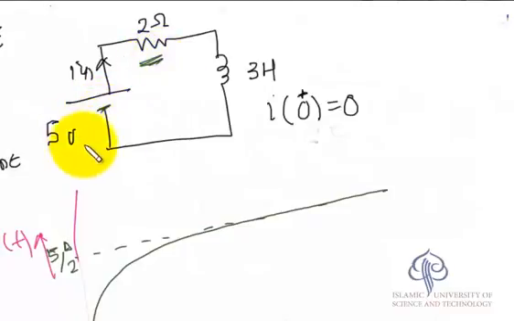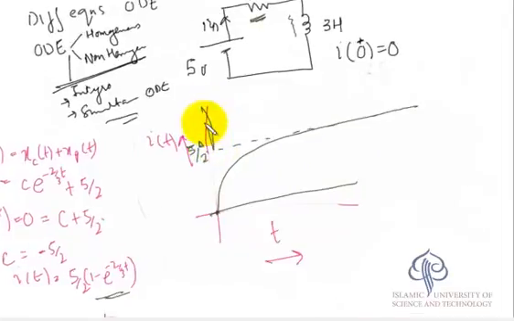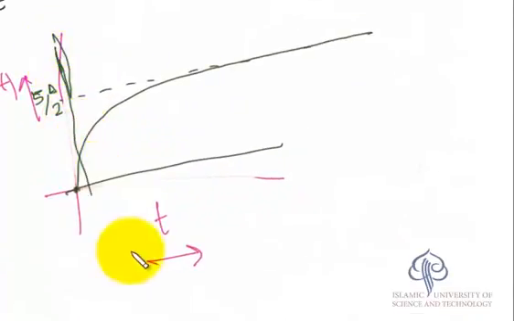So after some time the inductance will behave like a short circuit, and the steady state current in this circuit is going to be 5 by 2 amperes. So this is how you use differential equations to solve this problem in network analysis. In the subsequent lectures we'll see all of this in more detail. Thank you very much.